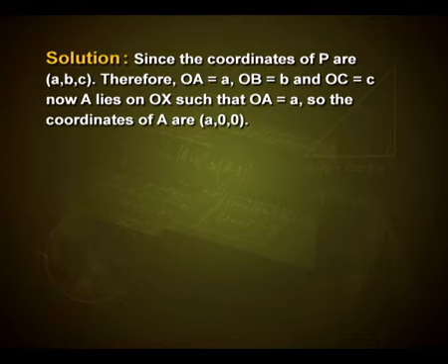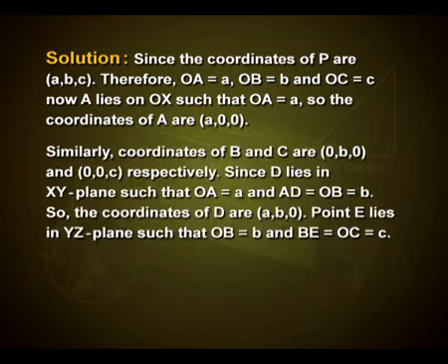Now, A lies on OX such that OA = a. So, the coordinates of A are (a, 0, 0). Similarly, the coordinates of B and C are (0, b, 0) and (0, 0, c) respectively.